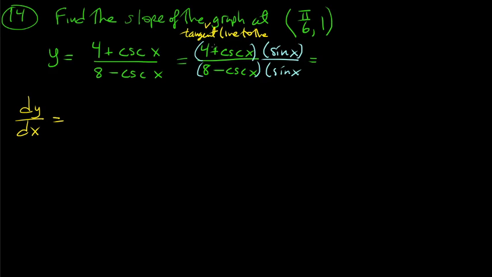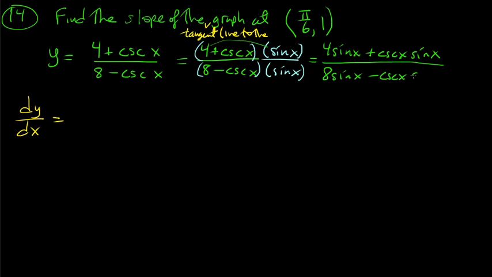If we distribute the sine x, we're going to get 4 sine x plus cosecant x times sine x, all over 8 times the sine of x, forgot a parenthesis here, minus cosecant x times sine x. Excuse me. Right. At this point you might say that doesn't look any easier. In fact, it looks like I made it worse.